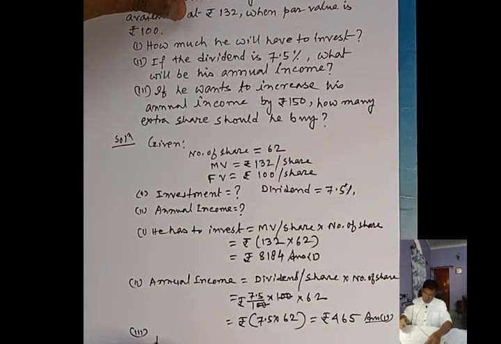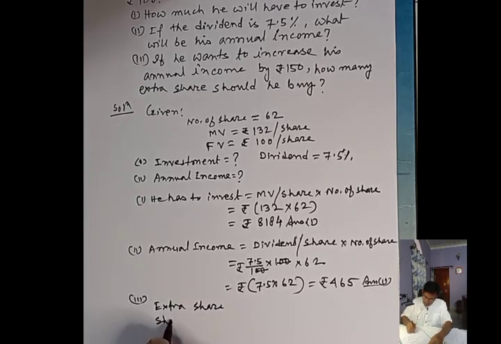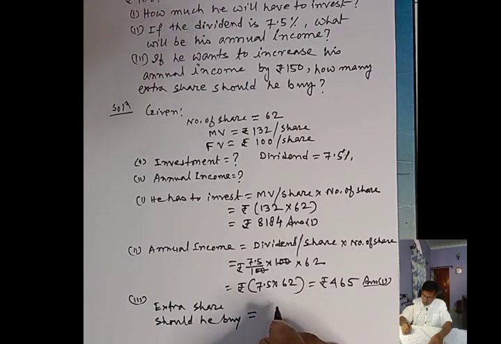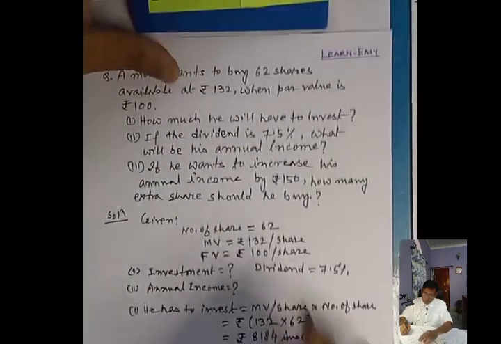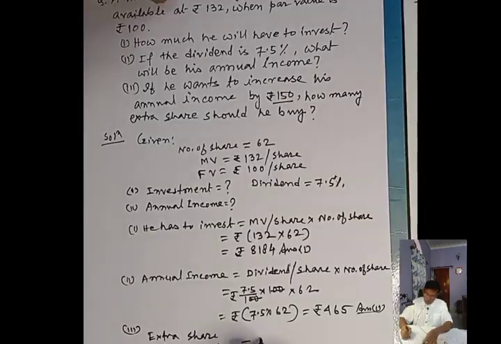So, extra shares he should buy is equal to this amount 150 divided by dividend per share.